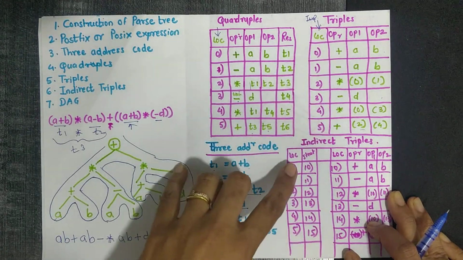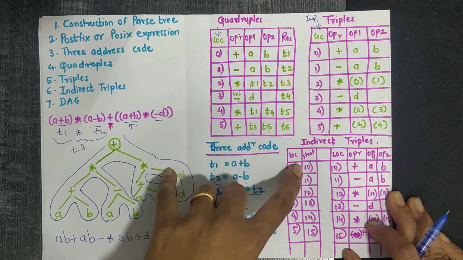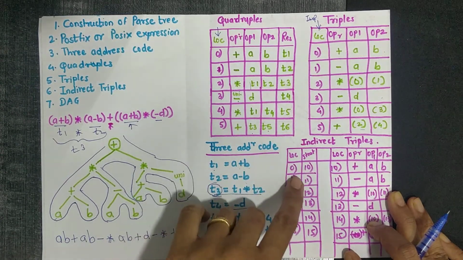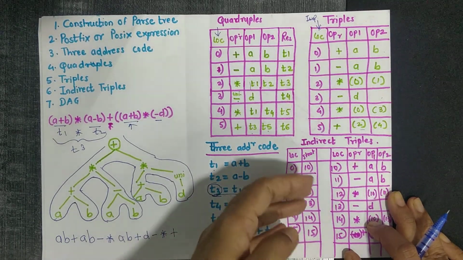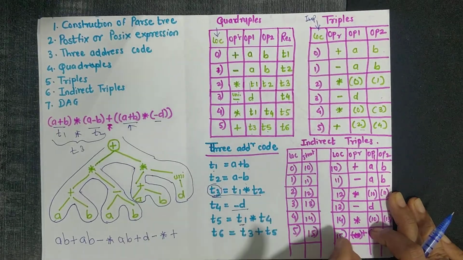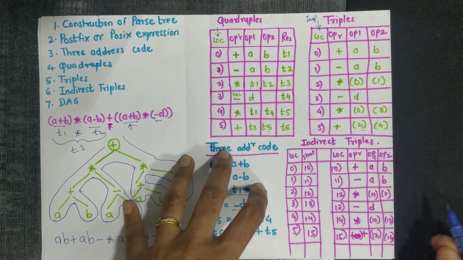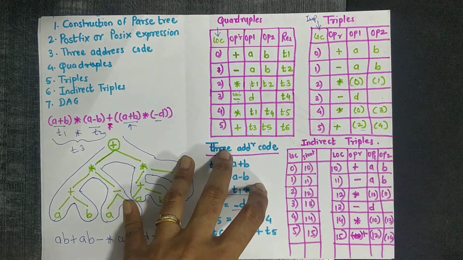These locations are assigned different numbers or a different sequence of numbers. Like we have taken a series of 10, 11, 12, 13, 14, 15, and the same table is reflected with these numbers. That is nothing but your indirect triples.